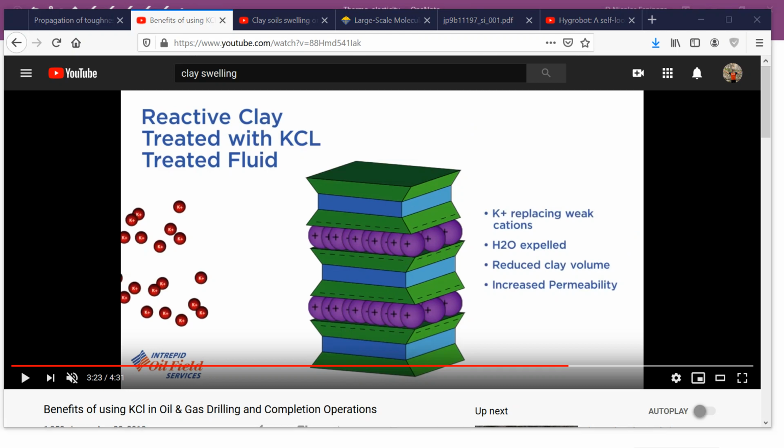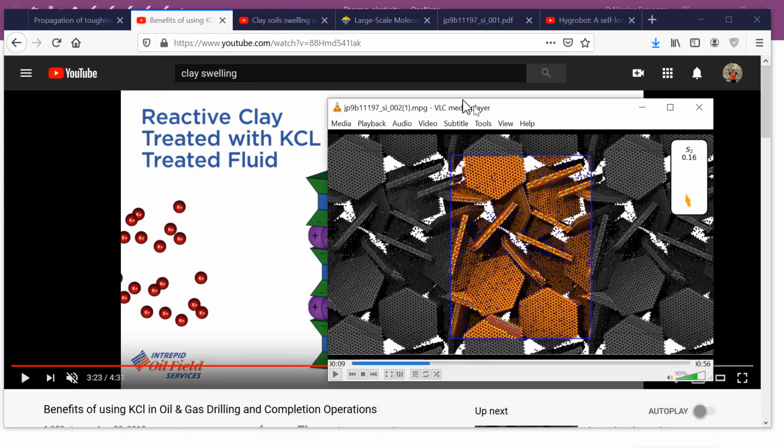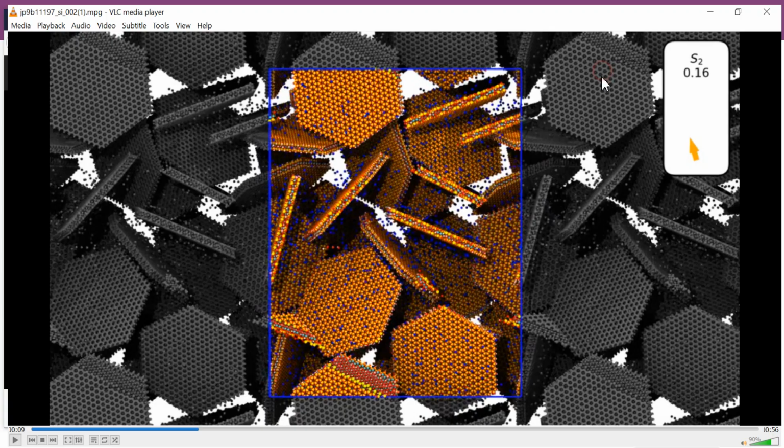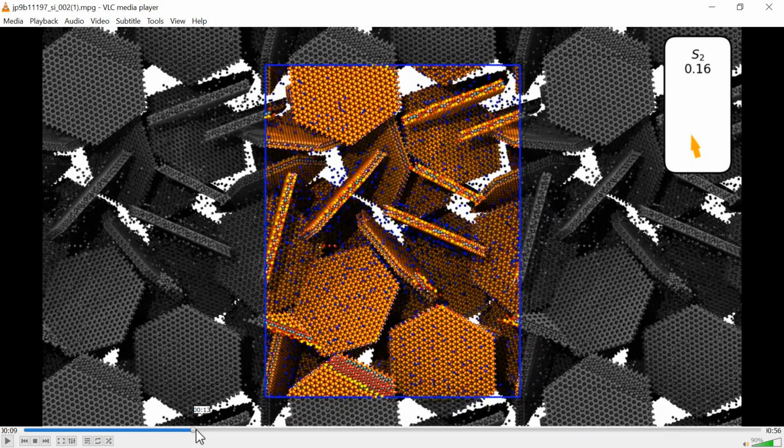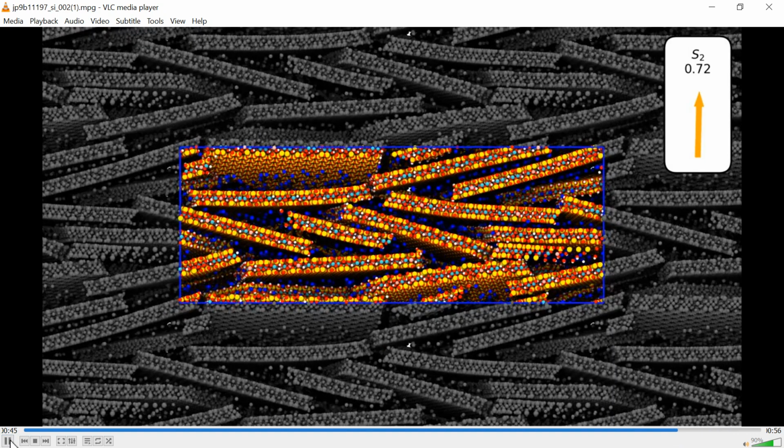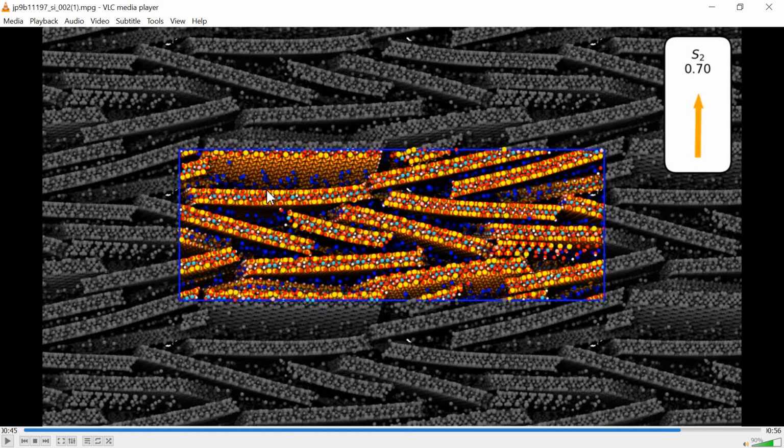Let me bring a video over here that shows that, but based on molecular dynamics simulations. So here, let me actually run it from the end to the beginning. Here we have clay platelets modeled through molecular dynamics. And also we have the ions, which are the blue spheres, and we cannot see the water.